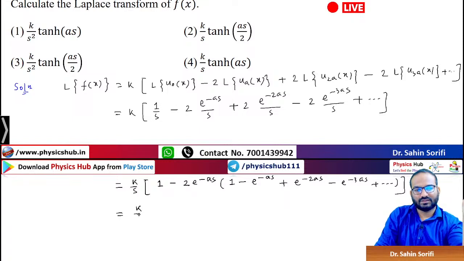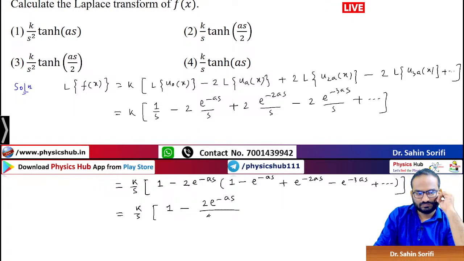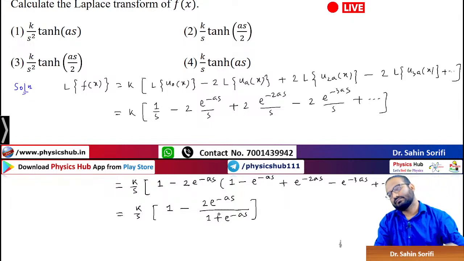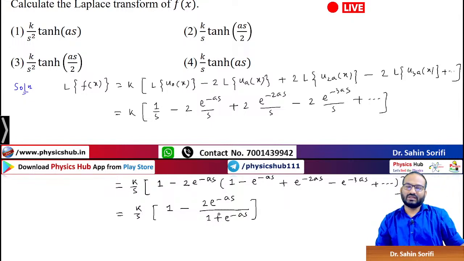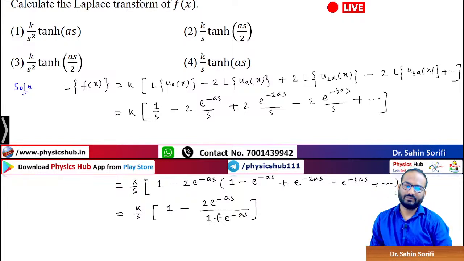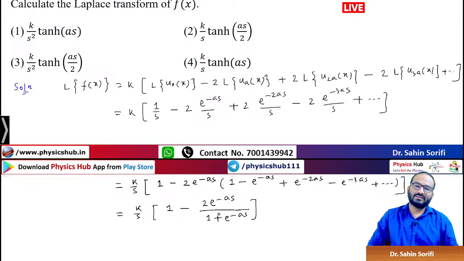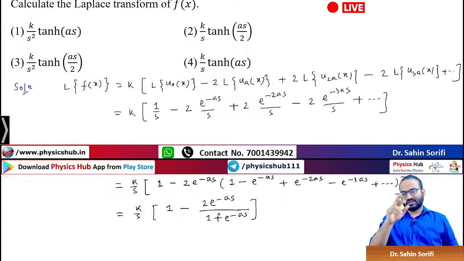So this is the formula, no? Alternate sign. So 1 by 1 plus x formula. It's like 1 minus x plus x square minus x cube. You know, when all the terms are positive, you get 1 by 1 minus x. So there are alternate signs. So 1 by 1 plus x formula. I hope this one is understood.